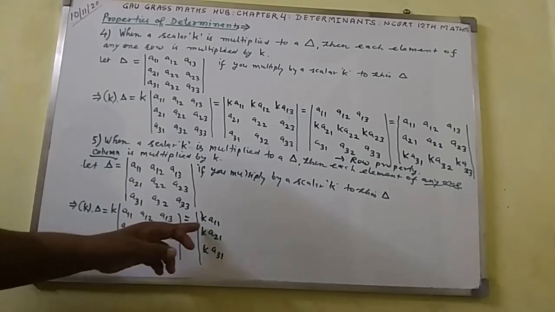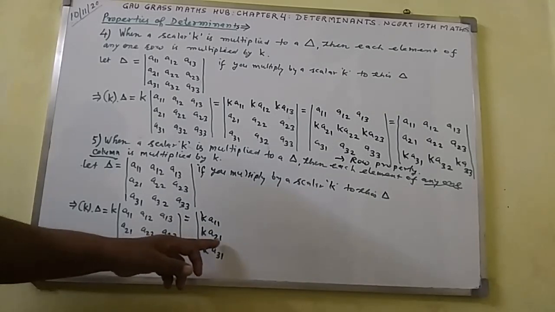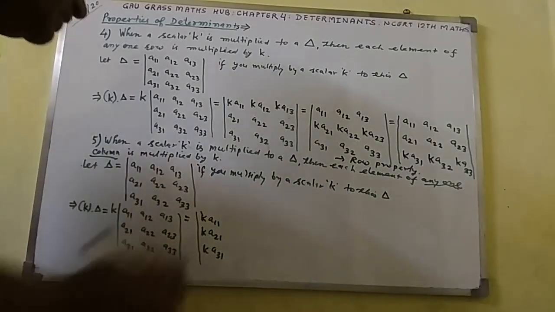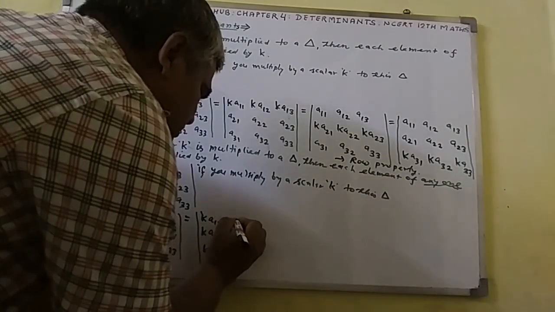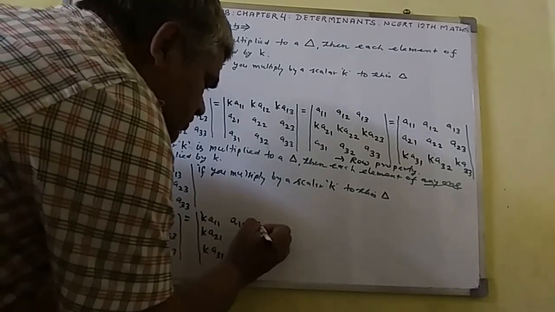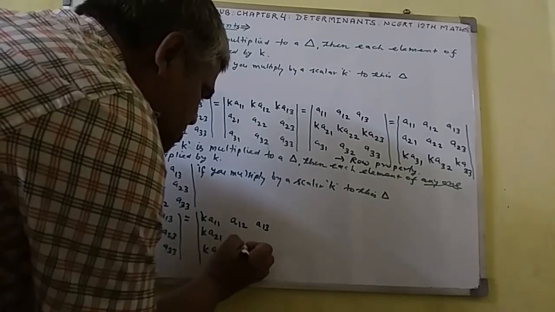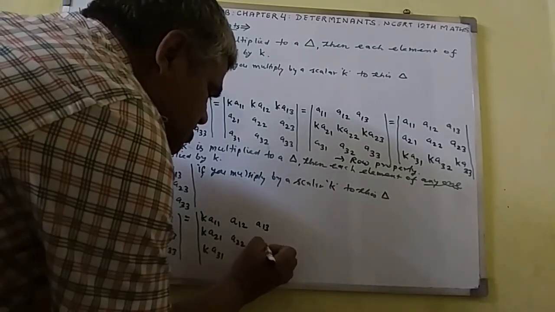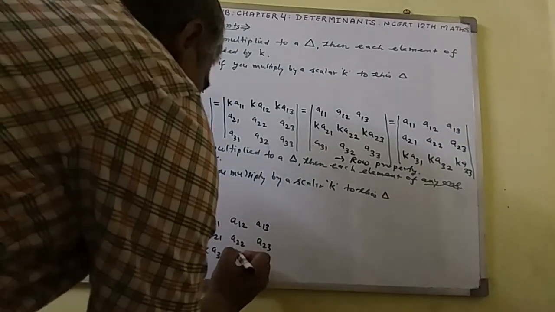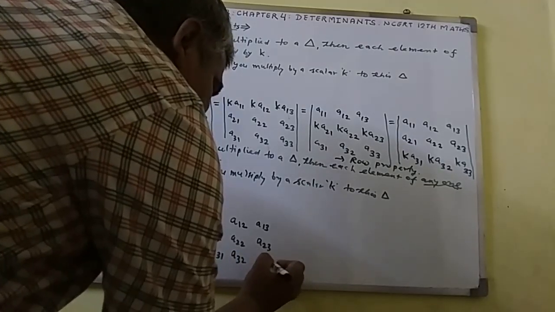So here I have multiplied k times a11, k times a21, k times a31. Now the second element a12 will remain the same. a13 will remain the same. a22 will remain the same. a23 will remain the same. Here it will become a32, a33.